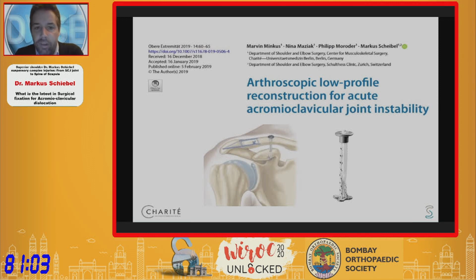And with the additional AC cerclage, that might be enough to gain stability of these patients. And obviously, this tightrope is designed not to have knots on top of the clavicle. If you tie your knots, they are buried inside the top hat button, and you can just cut your sutures, so there is no knot stack and no potential risk of soft tissue irritation on top of the clavicle.